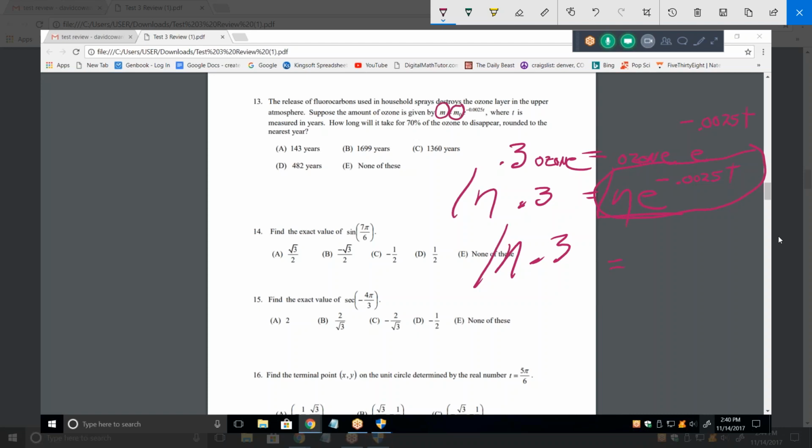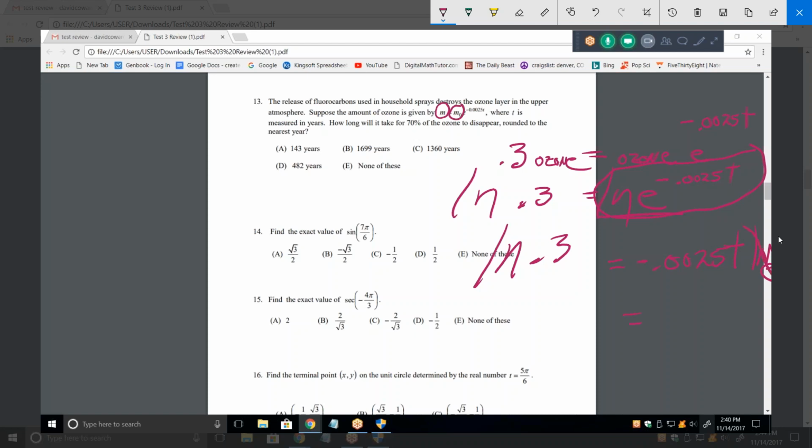We don't want it up there as an exponent. We can't solve it while it's an exponent. If we get it on the algebra line, we can use algebra to solve it. Yeah, so 0.0025t. And what's the natural log of e equal to? 1. Okay, so I don't need that.